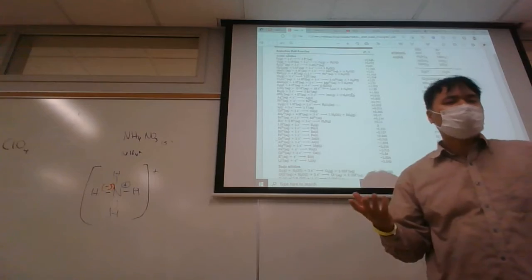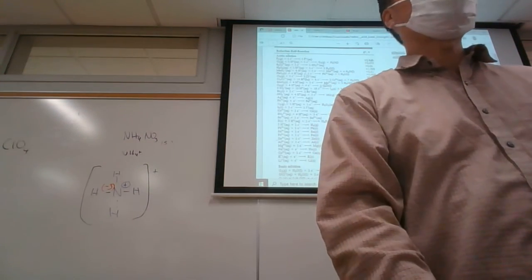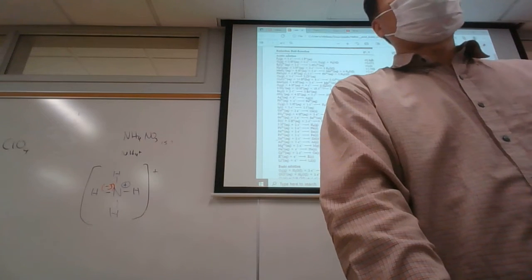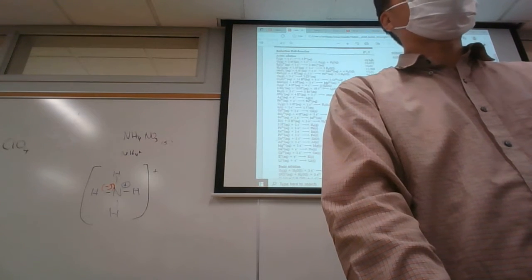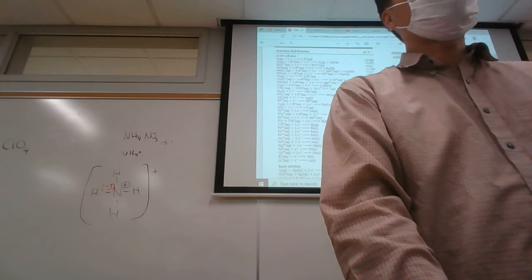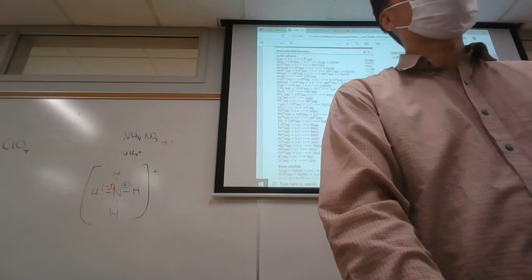So there could be two reasons perchlorate's not on the chart. One, it's not very reactive. If it's not very reactive, why bother having it on the chart? Or two, it's reactive, it's just ran out of the space to put it on there. What do you think? You think it's reactive and they just ran out of space, or it's not very reactive?